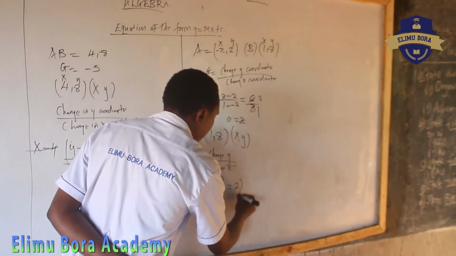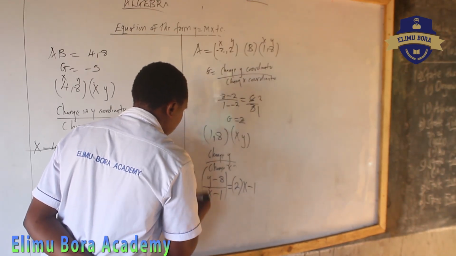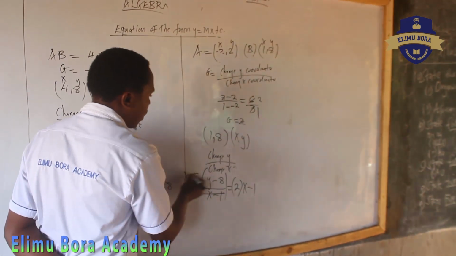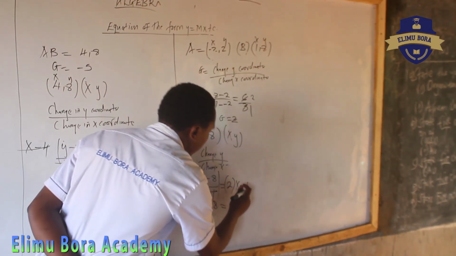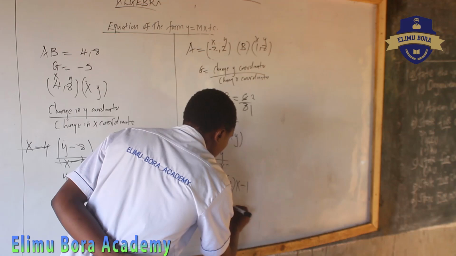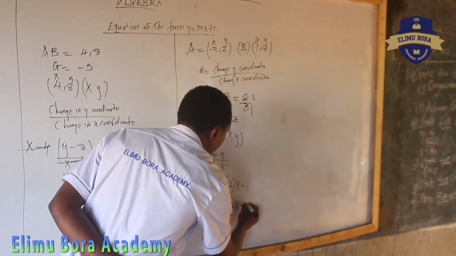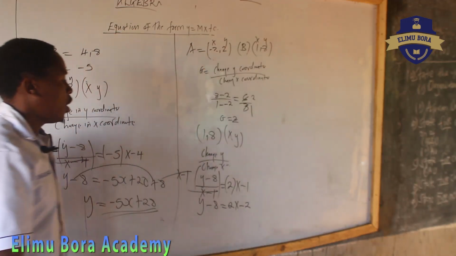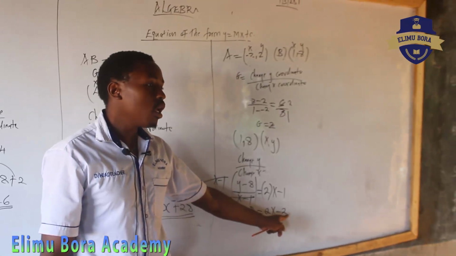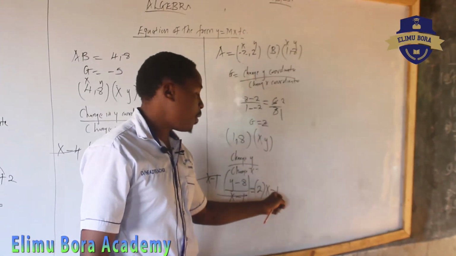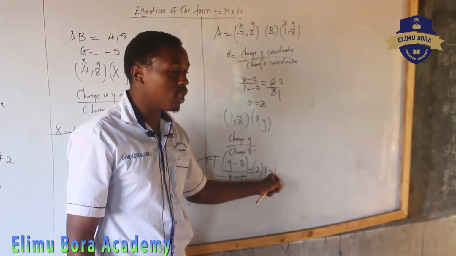So we can see this one cancels. Then let's expand this one: y minus 8 is equal to 2 times x minus 1, so 2x minus 2. And don't forget to use the right integer that has been used there. Look here, it is a negative one. So make sure you use the right one.